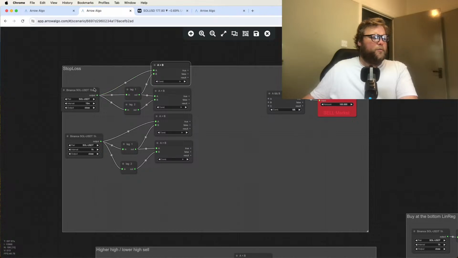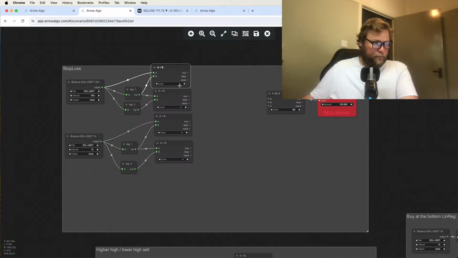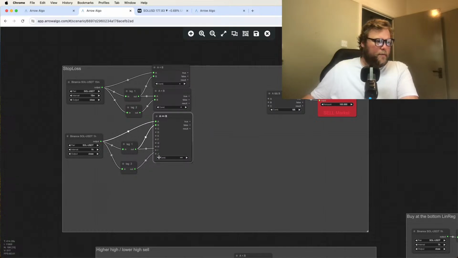Okay, so as we mentioned, we've got 15-minute price, current candle less than, we want less than instead of more than, current candle less than lag 1 less than lag 2, on a 15-minute basis and on an hourly basis.